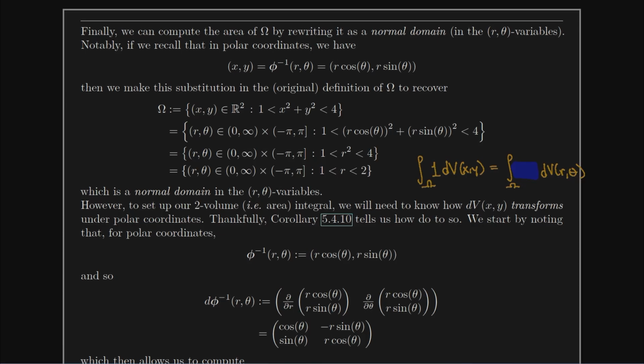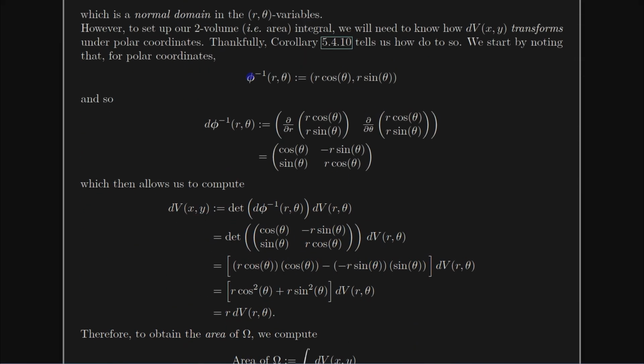Because we just talked about the most important part of today, which is that we need to multiply the volume form by the determinant of the differential, or the derivative, whatever you want to call it, of phi inverse, of the inverse transformation. So we've got to figure out what the inverse transformation is, compute its derivative, and then compute the determinant of that, and that's what we're going to include on the inside of our volume integral.